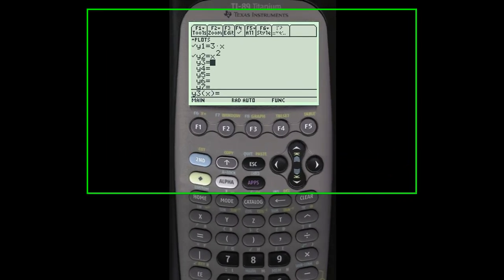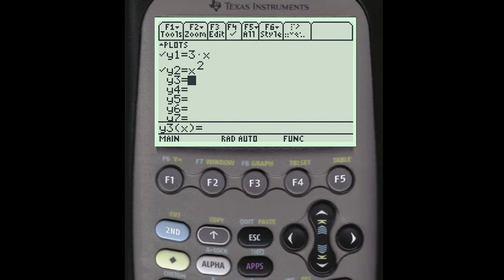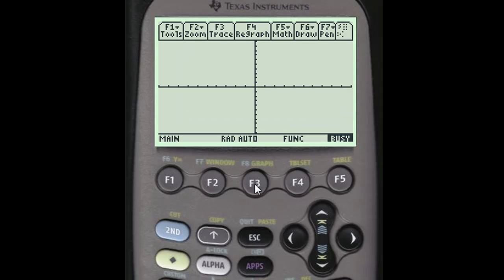One other tip you can use when using the solver is when you're at the y = screen and you're going to graph a couple of functions, in this case 3x and x squared. We'll look at the graph of them. You know, you might be doing this in calculus if you're looking for areas between curves.